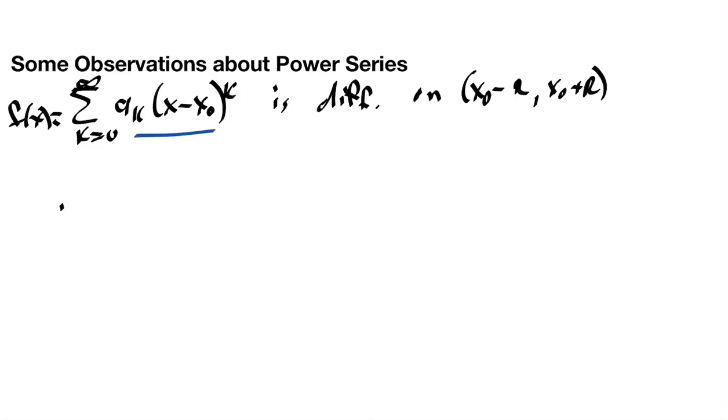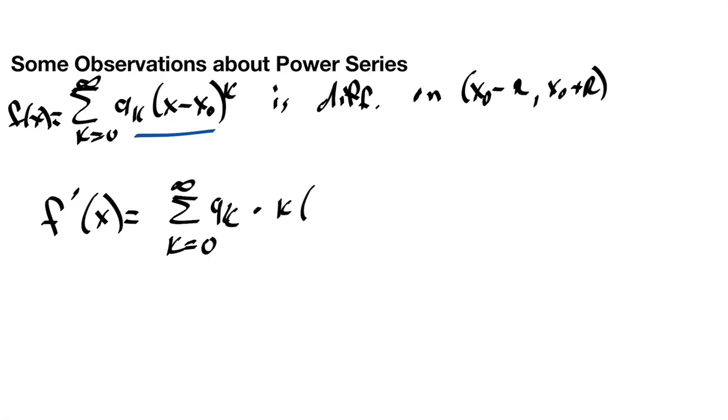But further than that, we actually know what the derivatives of polynomials are, and so we know what the derivative is going to be. The derivative is going to be the sum as k goes from 0 to infinity of a_k times k times (x minus x naught) to the k minus 1. We just use our old formulas, and it all works out just the way we expected.